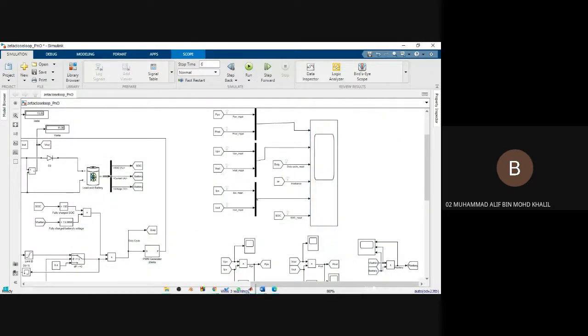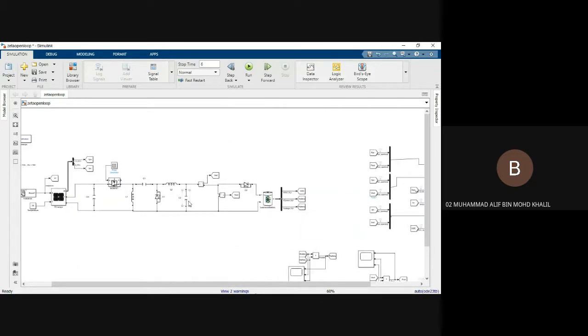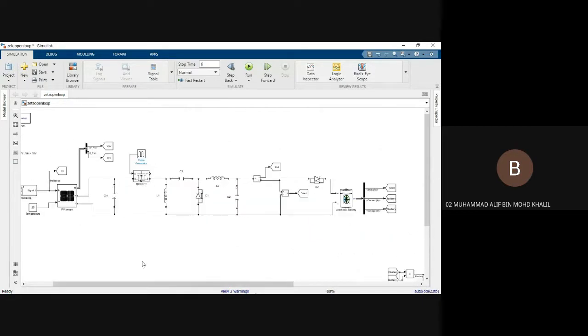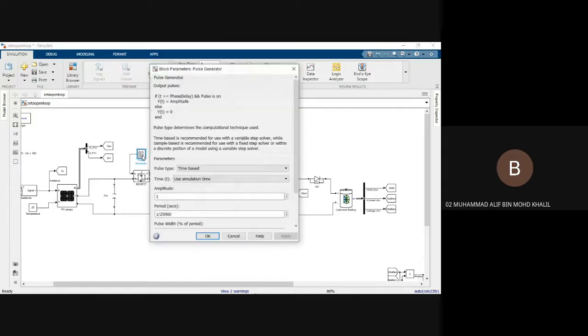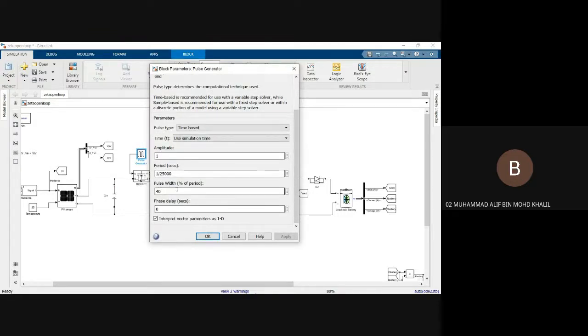I also ran the open loop, meaning that here you can see that there is no P&O algorithm. So the solar will go to the zeta converter and into the battery, and the MOSFET or the switch is being controlled by a constant switching period, which means that the pulse width or the duty cycle has been set to 0.4 duty cycle, 40% of the pulse width.